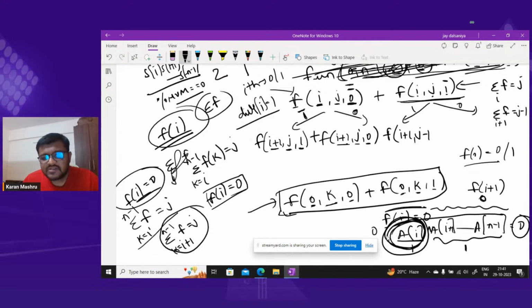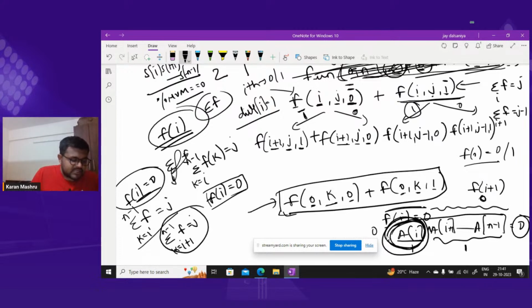So this is I plus 1, j minus 1 and 0, because from I plus 1 to n minus 1 it should be 0. At the ith index I took 1, so the total XOR will be 1. And here it will be f of I plus 1, j minus 1 and 1. So this will be my recursive function.